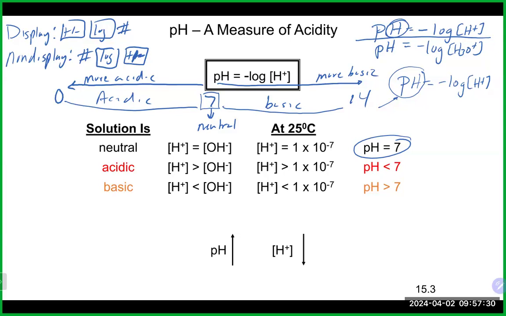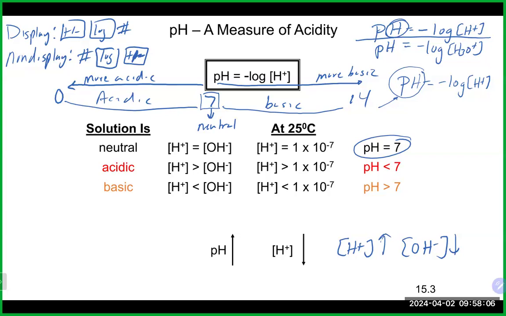So as the concentration of H plus increases, the pH actually decreases and vice versa as well. And that happens where we have basic conditions. If the H plus is less than the OH minus, then the pH will be above 7. A reminder that the H plus concentration and the OH minus concentration, much like pH, run opposite of each other. So again, as one goes up, the other goes down in the solution.